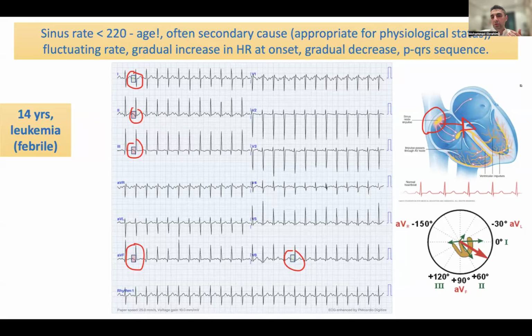It's secondary to something, and it's usually fluctuating in rate. There is a gradual increase in heart rate at the onset and gradual decrease at the offset, with 1-to-1 P to QRS ratio.